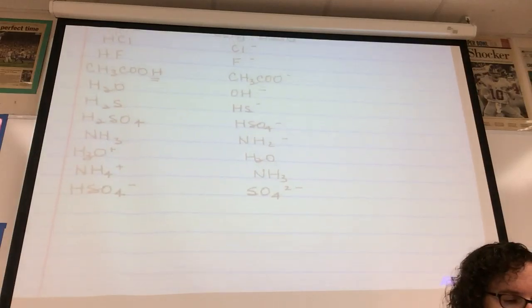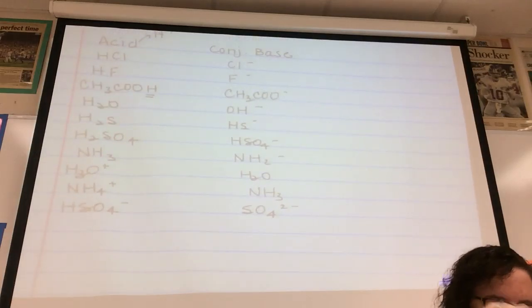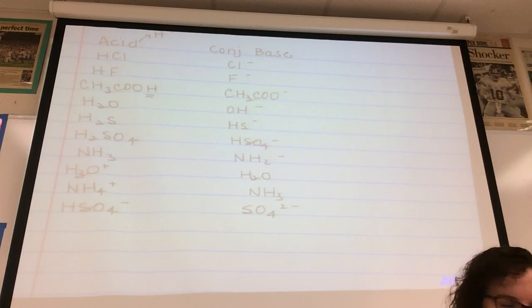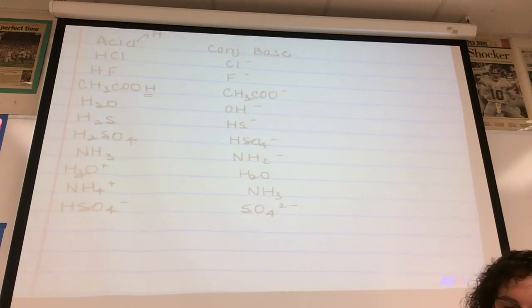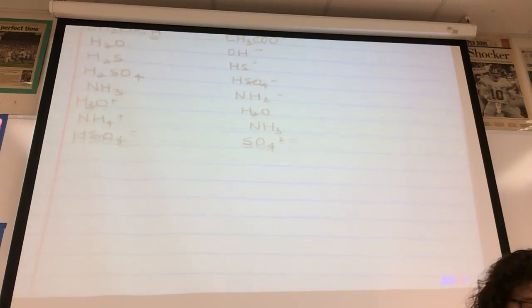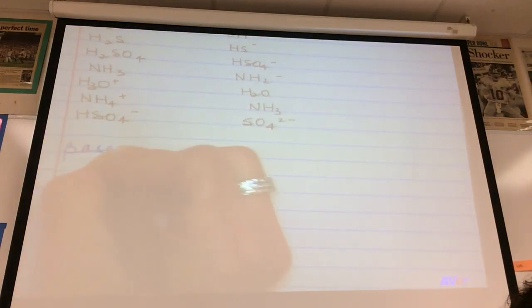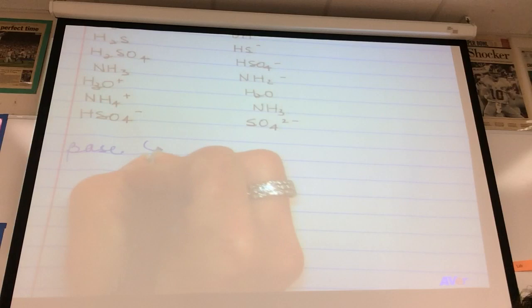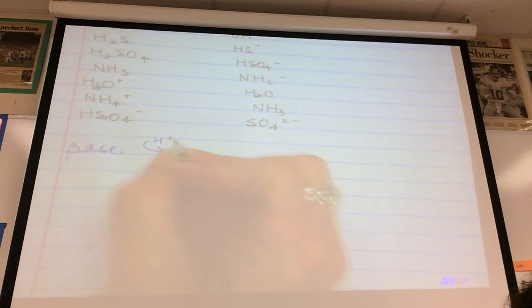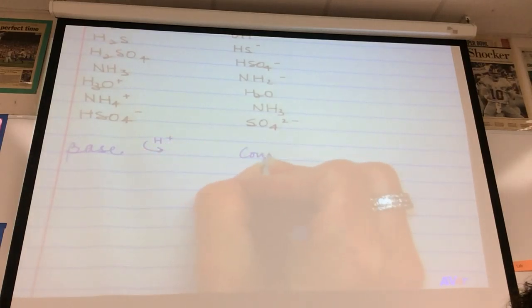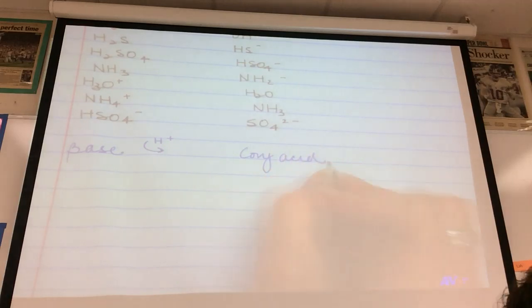All right, so acids are proton donors, and they form conjugate bases. On the flip side of that, bases are going to be proton acceptors, so we're going to pump a proton in to generate a conjugate acid.